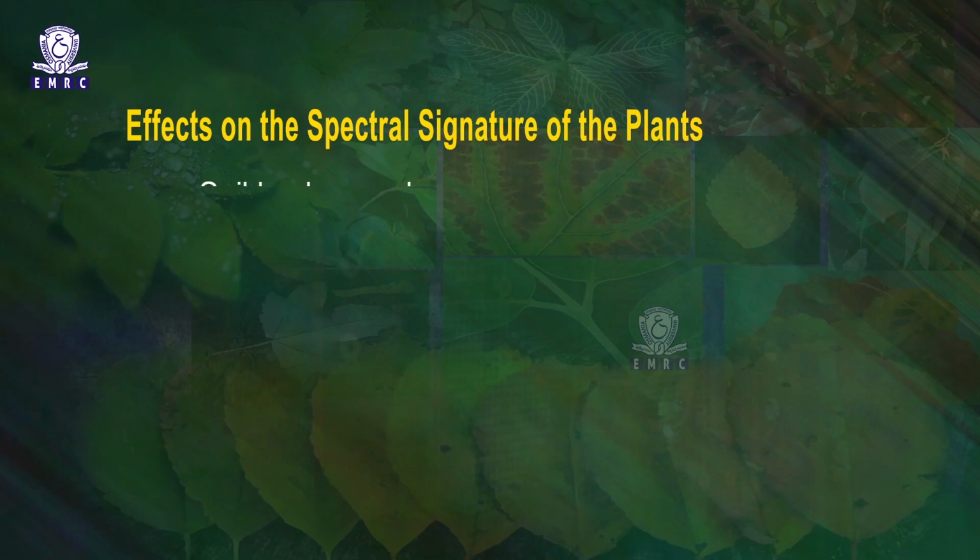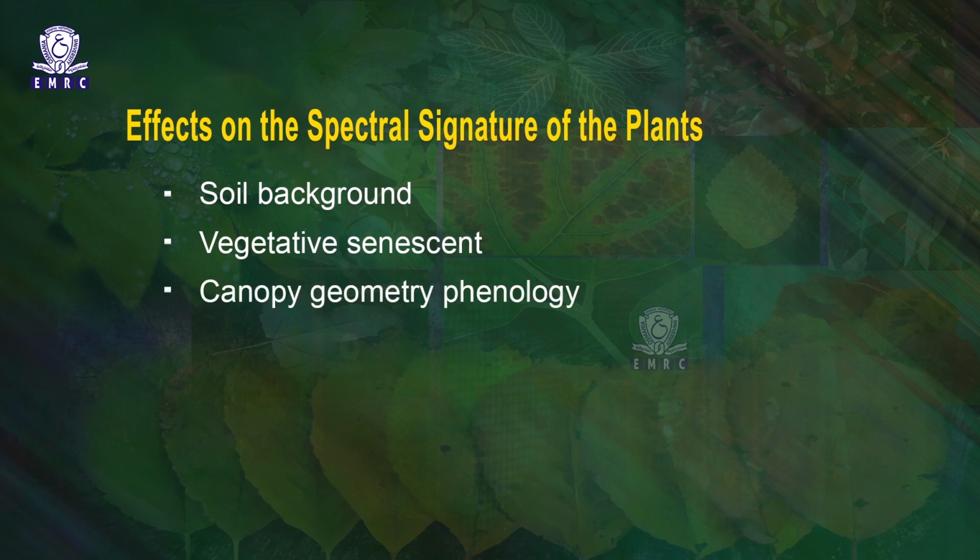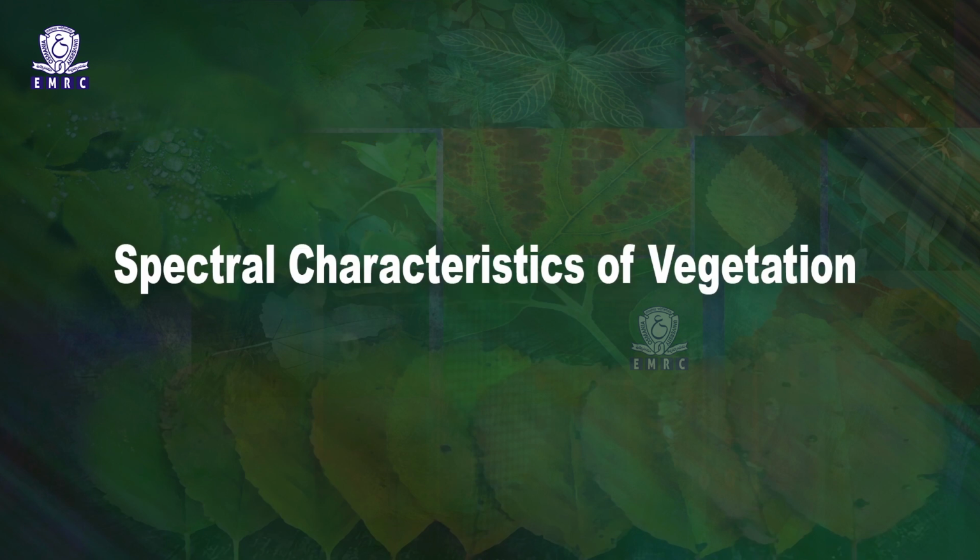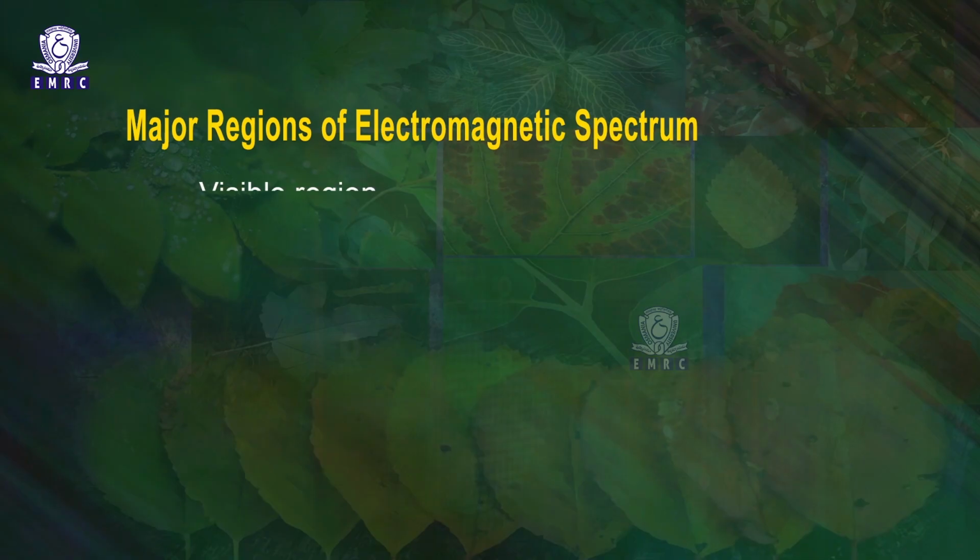There are other effects on the spectral signature of plants, which include the soil background, vegetation density, canopy geometry, phenology, etc. Spectral characteristics of vegetation. The spectral reflectance of vegetation can be detected in the following three major regions of the electromagnetic spectrum.